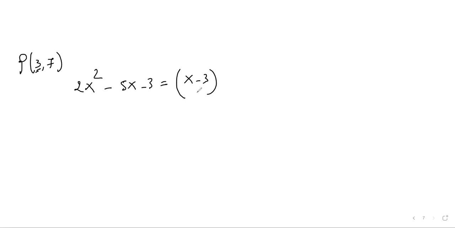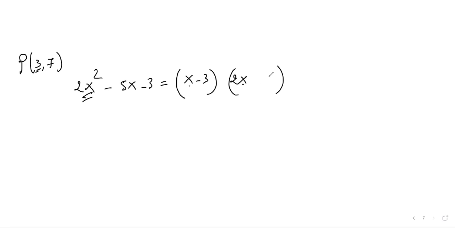Now, how to finish the second bracket? You need to think about what to put as a coefficient in front of the x so that the multiplication of these two gives you 2x squared. The only option here is 2, because x times 2x is equal to 2x squared.